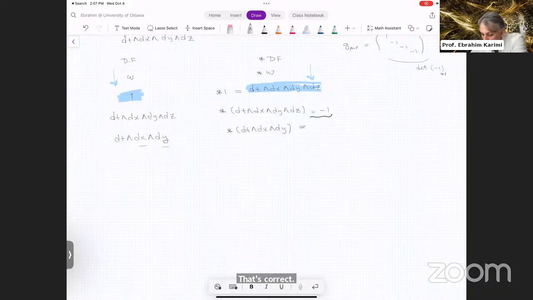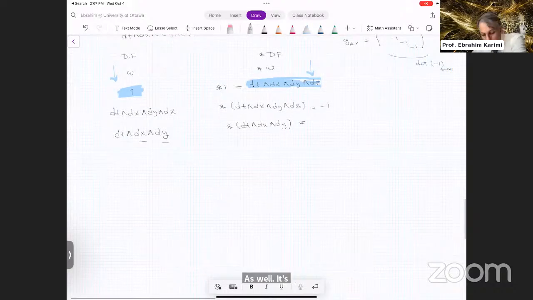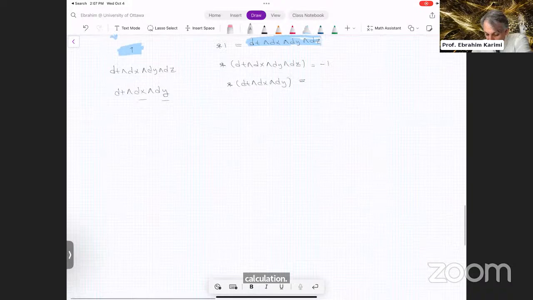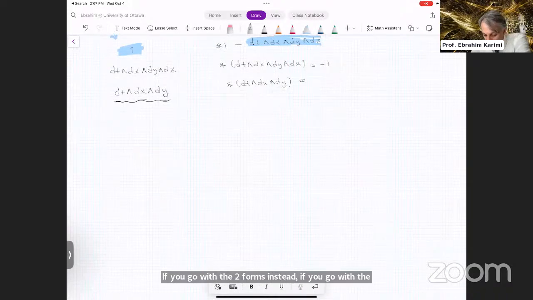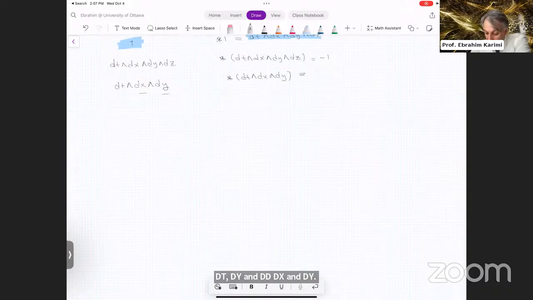And then if you look at the conjugate, or the dual space, since the metric is equal to -1, I'm expecting that -1 appears here as well. It's not identical to the +1 in the calculation. If you go with the 3 forms instead, dt, dx, and dy, and I'm looking for the dual of that, then the dual of dt, dx, dy will be equal to dz.